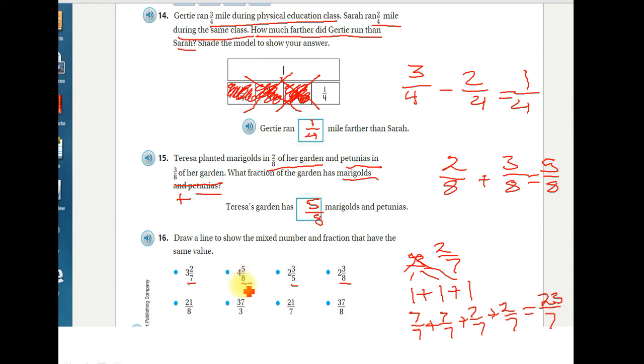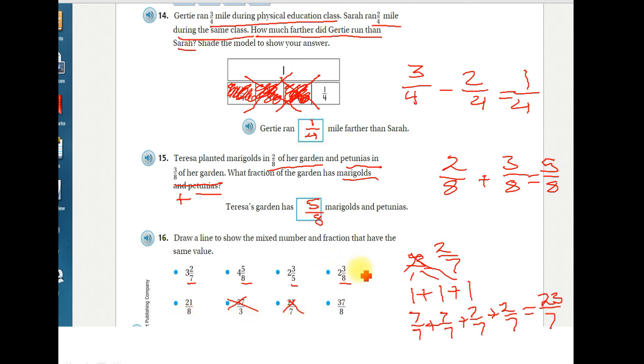Now, this next one has a denominator of 8, but there are 2 with a denominator of 8. But the nice thing is, for this one, we know it's not going to connect here, and we know this one isn't going to connect here. It has to go to one of these two. Okay, and then here 2 and 3/5. Well, we notice we don't have any that have a fifth down here, so we know that's not going to match up anywhere.